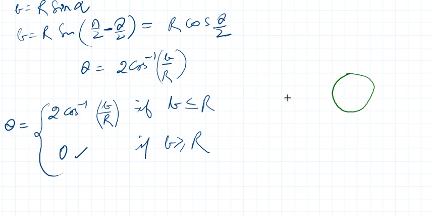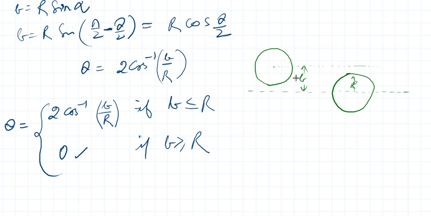There is another billiard ball which is coming, and say it is the axis of this, and another billiard ball is coming, and it's approaching this way. And what is the impact parameter? This is the impact parameter, and this is its radius.